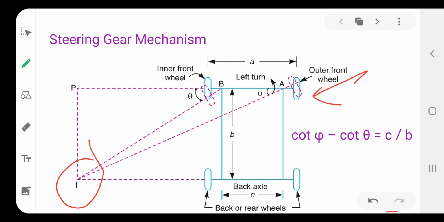If the instantaneous center of the two front wheels does not coincide with the instantaneous center of the back wheels, skidding of the front wheels is possible.